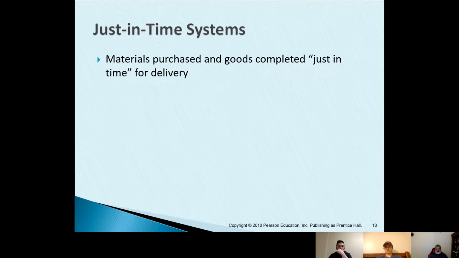Ideally, we want to produce only as much as we're going to sell or as much as we need during that month. If we have a little bit left over from last month, that gives us some to get started with, and then we produce what we need for the month, and at the end of the month we have a little bit left over to start the next month with.